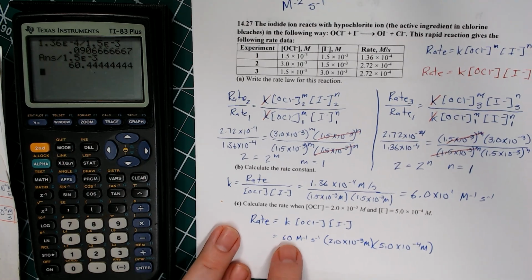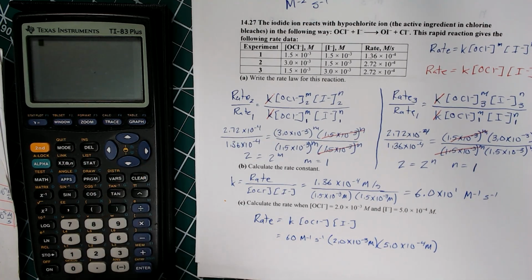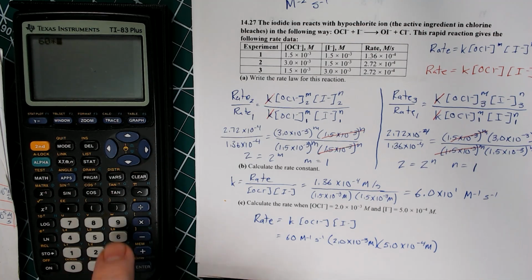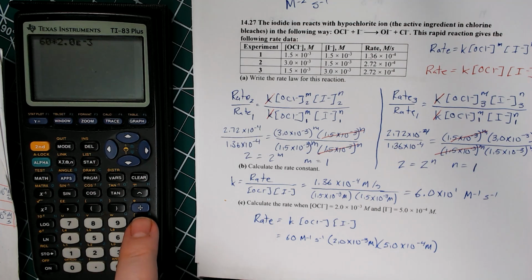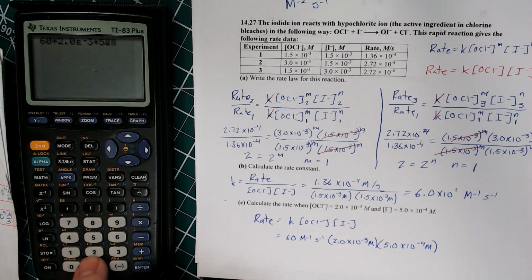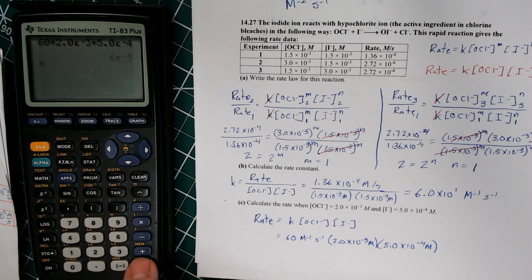So we'll do 60 times this number times this number. I'm going to clear all that. We'll do 60 times 2.0 EE negative 3 times 5.0 EE negative 4.